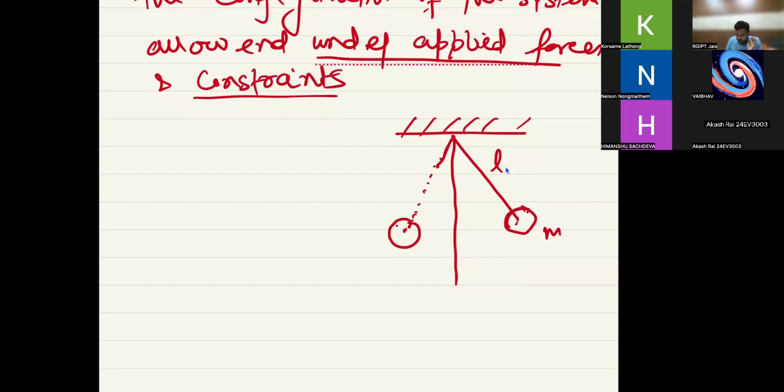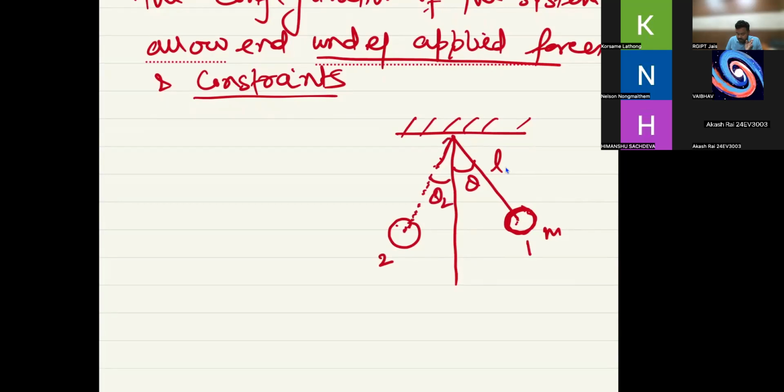Let's say this pendulum is here at this particular position with this value of theta. So this is one configuration of the pendulum. Let's say this is position 1, this is position 2. When the pendulum bob is at position 2, let's say this is theta 2. So this represents another configuration of the system.